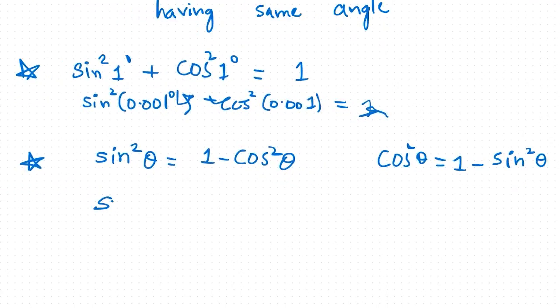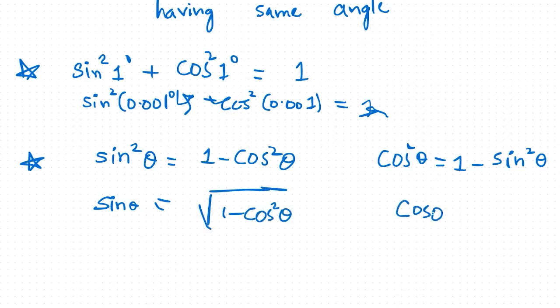So from here I can say sine theta will be root of 1 minus cos square theta, and cos theta will be under root 1 minus sine square theta. Same thing but different applications. So these are important. This is about the first formula.